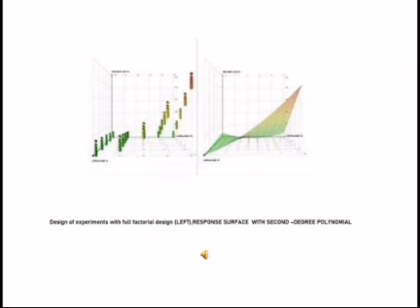Second example, as you can see, its name is the design of experiments with full factorial design, LEFT, response surface with second degree polynomial. This kind of factorial design are also known as fully crossed designs.